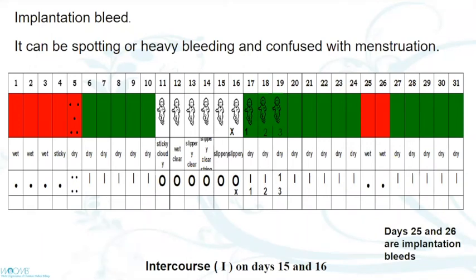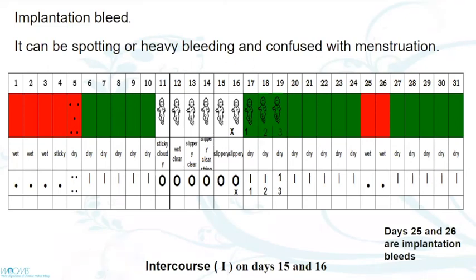And women now will be confused because most of them think that this is menstruation. And without knowing, after 2 weeks, during the pregnancy test, and maybe after a month, the woman now is surprised. Oh, I am positive, pregnant.